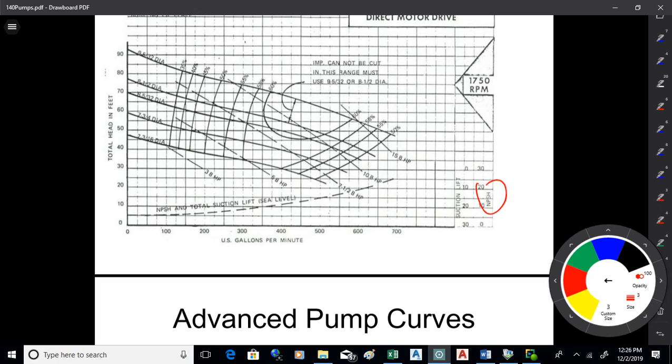Okay, if my pump sounds like this, it probably means this. And if it sounds like I'm pumping rocks, I'm probably cavitating. And if I'm cavitating, well, what am I going to do about that? You got to lower that pump down. You got to watch the fittings on the inlet side. You got to look for air leaks. That's what you got to do. Okay. That's kind of the thinking on that.